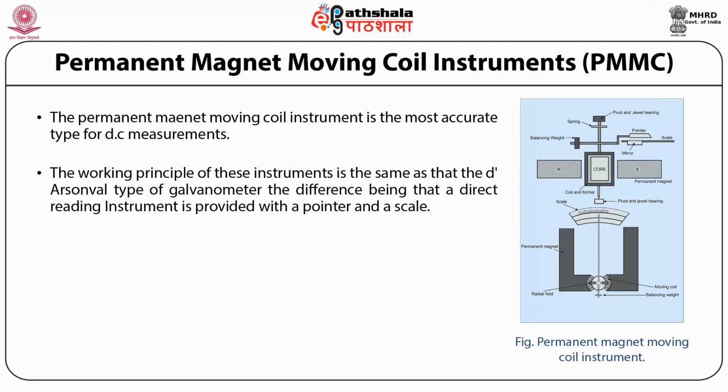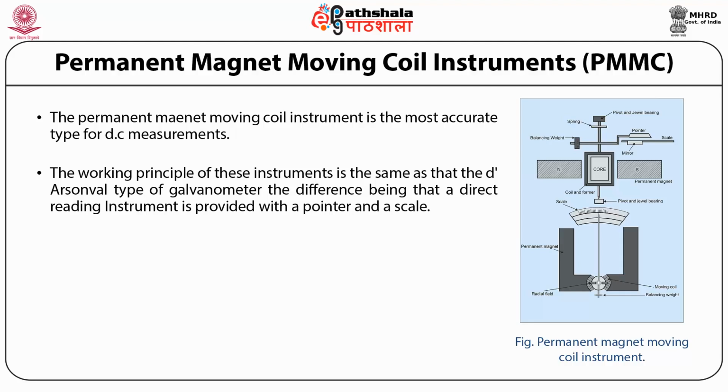The working principle of these instruments is the same as the D'Arsonval type of galvanometer, the difference being that a direct reading instrument is provided with a pointer and a scale. We will now discuss in detail the construction of PMMC instruments.